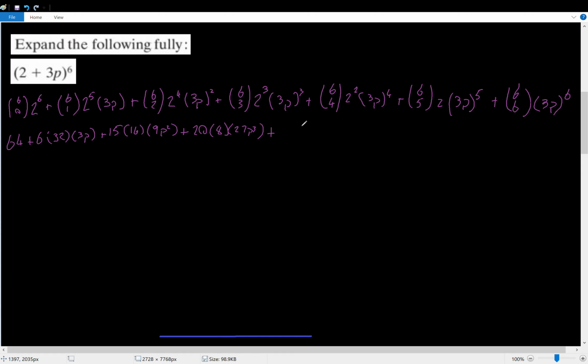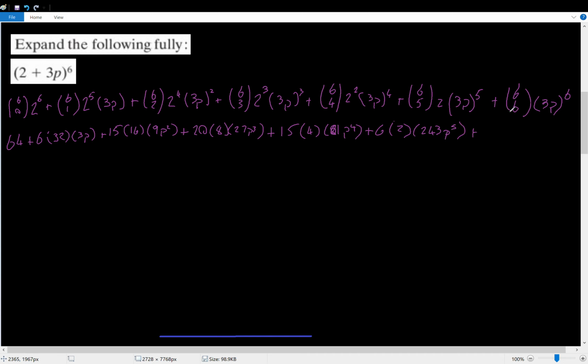Then adding onto that, it's going to be 6 choose 4, which is 15, times 2 to the 2, which is 4, times 3p all to the power of 4, which is going to be 81p to the 4. And then we're going to have 6 choose 5, which is going to be 6, times 2, times 3p all to the power of 5, which is going to be 243p to the 5.